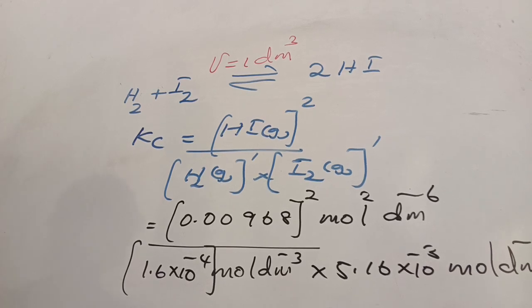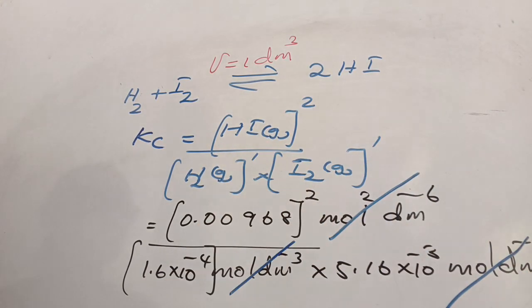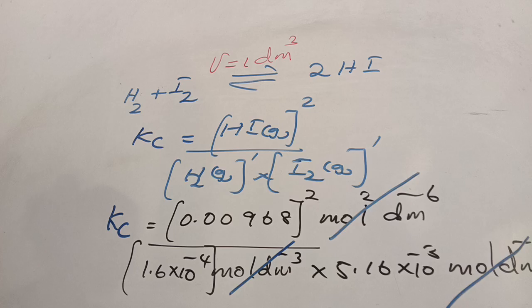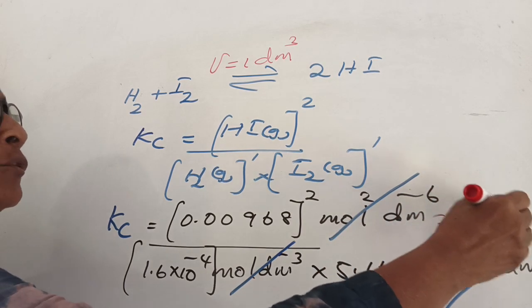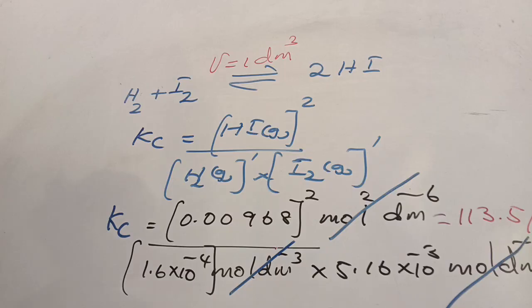You can see the concentration terms cancel, and for this particular reaction Kc has no units. The Kc value you can obtain is 113.5 with no units, because all the units are cancelled in this expression.